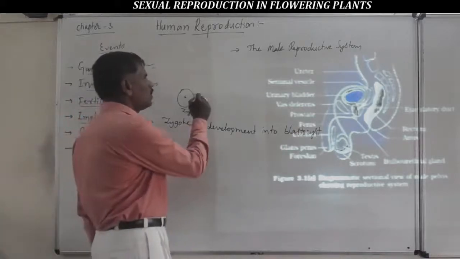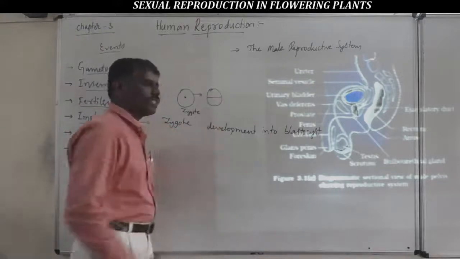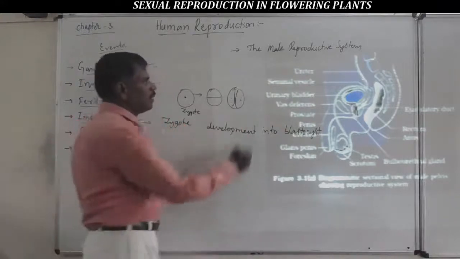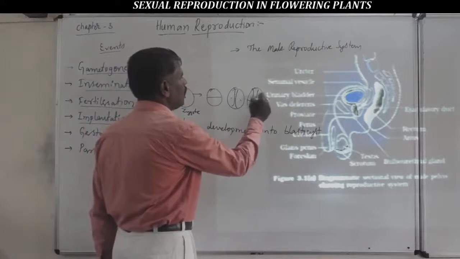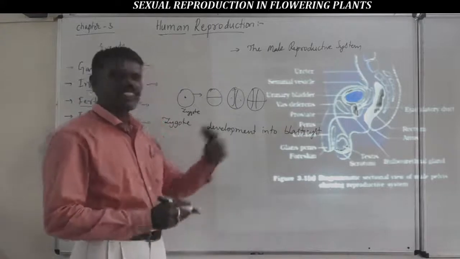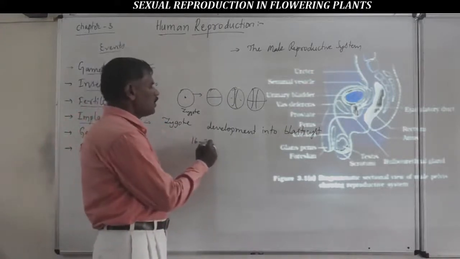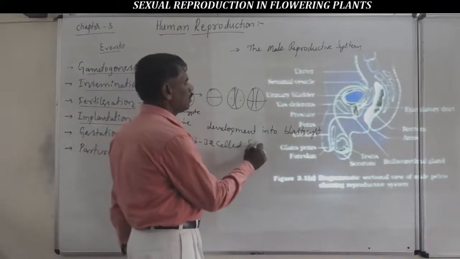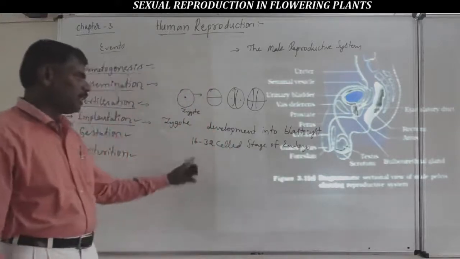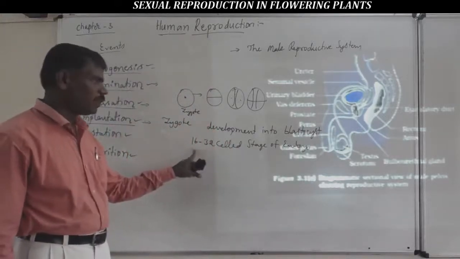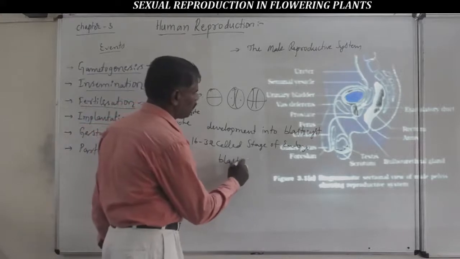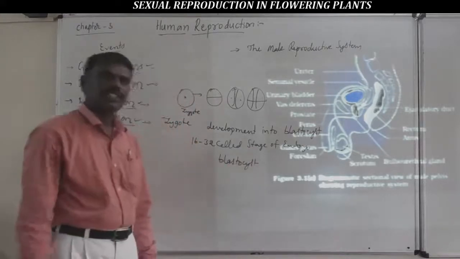This zygote divided into 2 cells, then 4 cells, then 8 cells, then once again 16 cells, that is the 16 to 32 cell stage of the embryo, which is called the blastocyst.